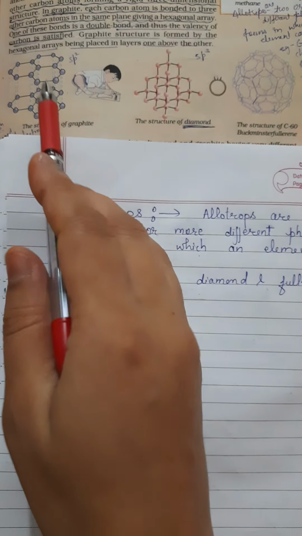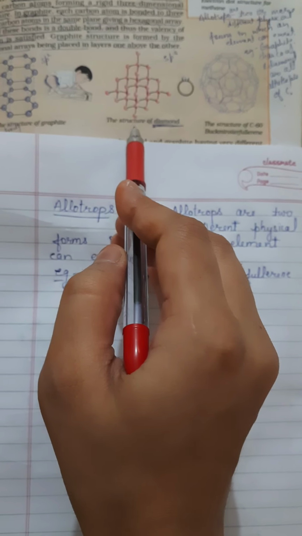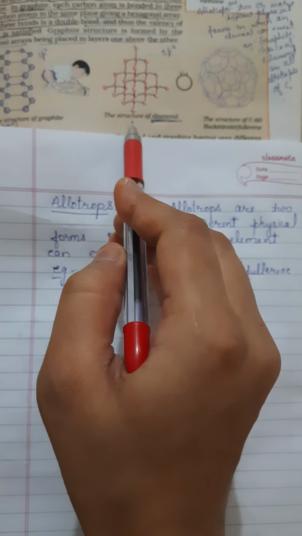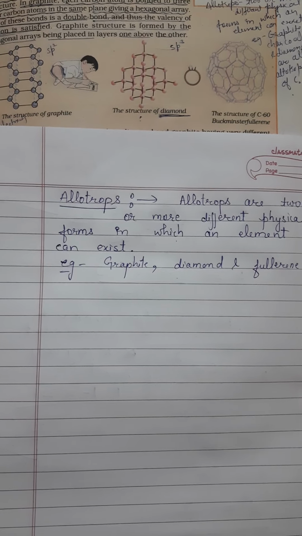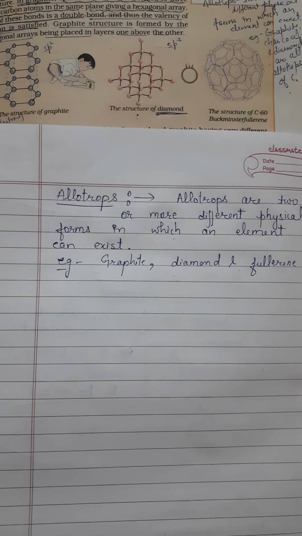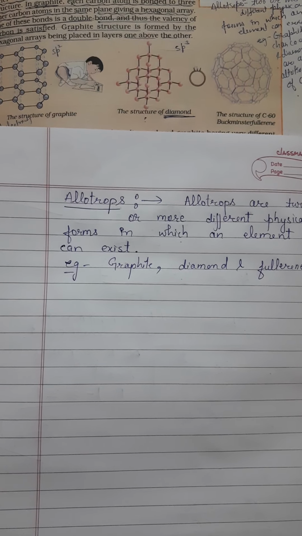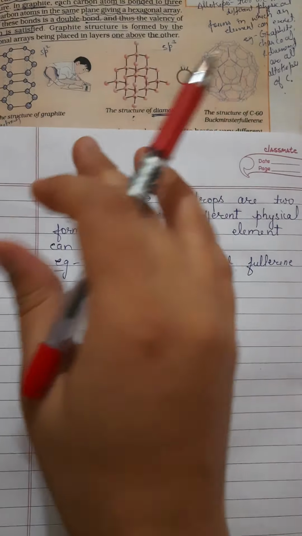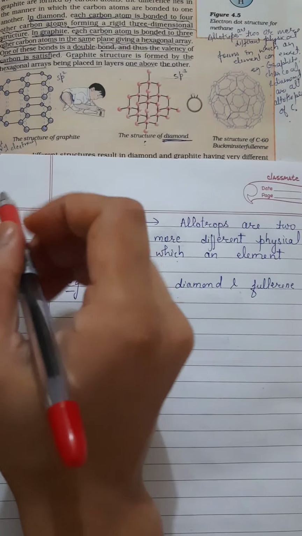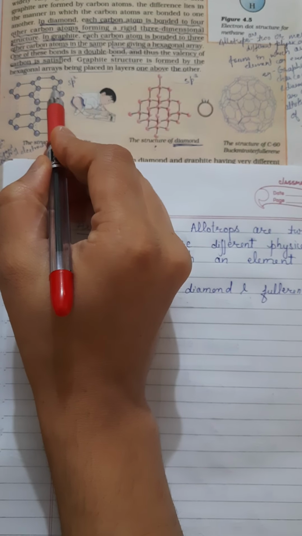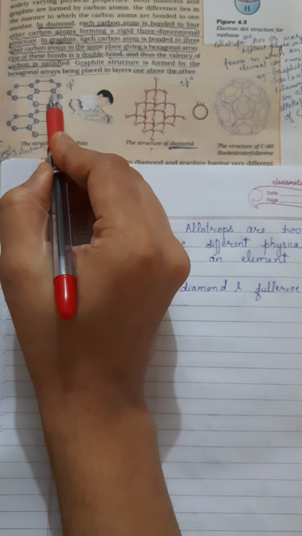This is the structure of graphite. This is the structure of diamond, and the third one is the structure of fullerene, known as Buckminster fullerene.